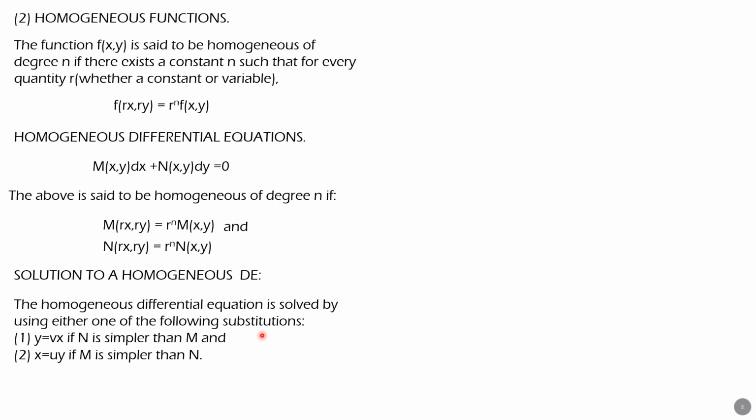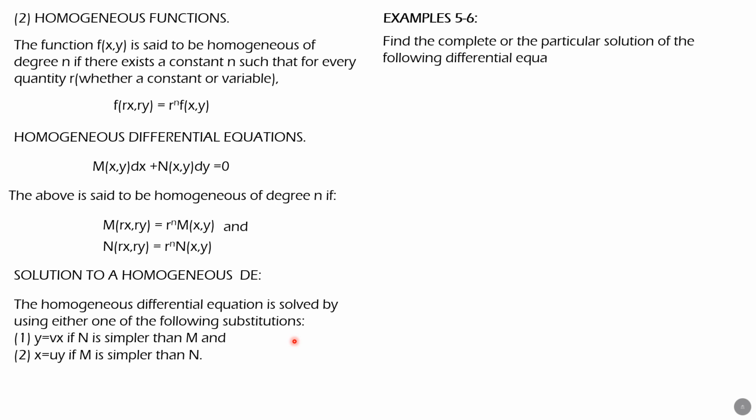So let's have the following examples. One is using the particular solution or complete solution, whichever applies. If there's no condition, that would only be the complete solution.